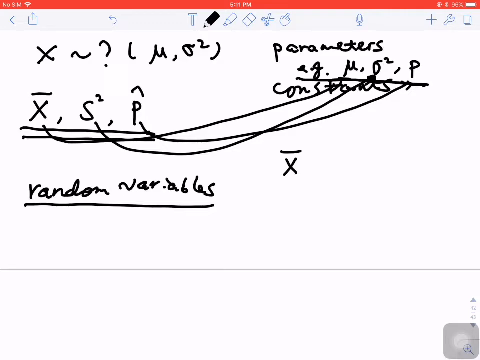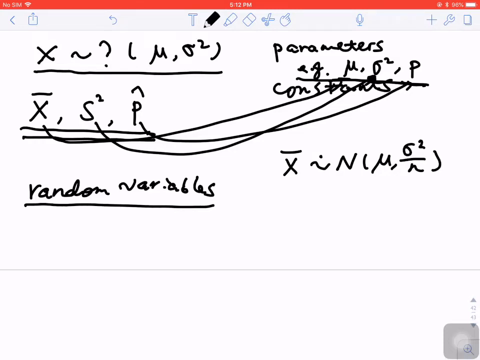Because we do not know the population random variable, but we can still know the distribution of the sample mean, right? So it's equal to this, according to CLT, if the sample size n is large.